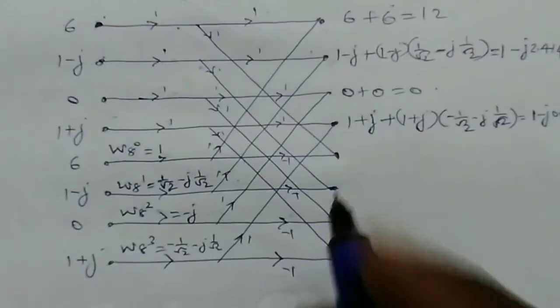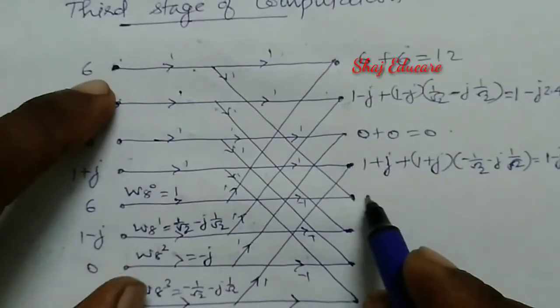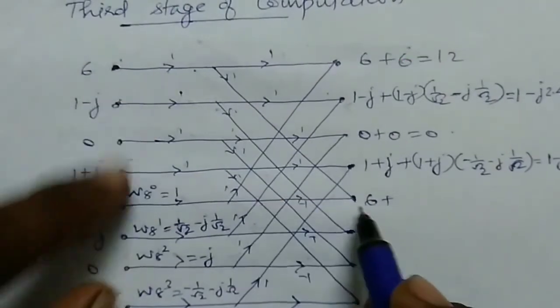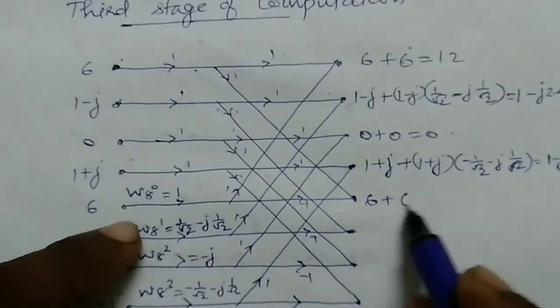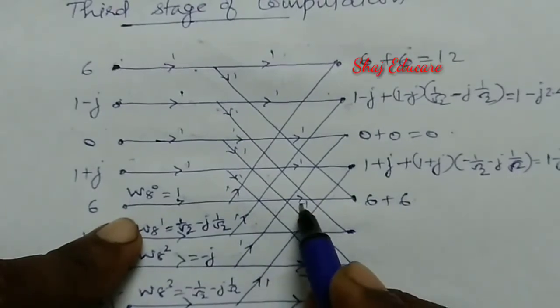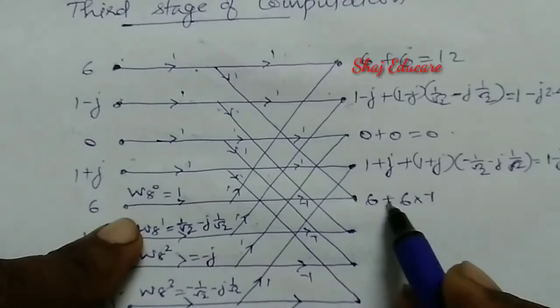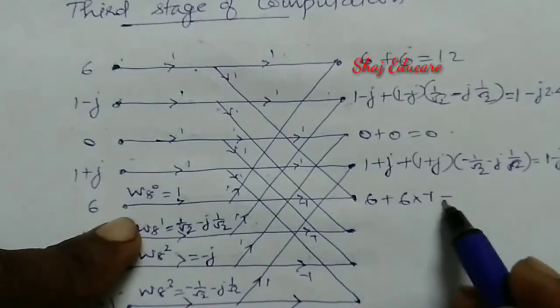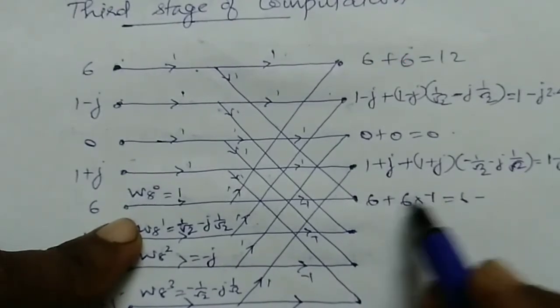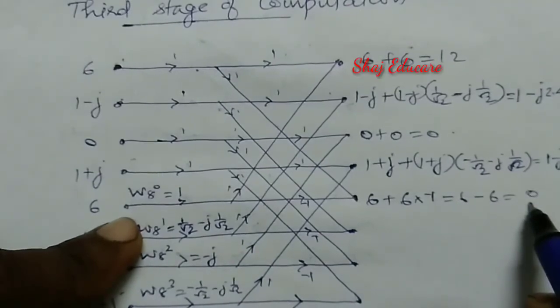Okay, right? And here we have a signal coming from this node 6 into 1, and another signal is coming from 6 into twiddle factor 1 into minus 1 is here. Okay, minus 1. Therefore minus into plus is going to be minus, therefore the result will be 0 here.